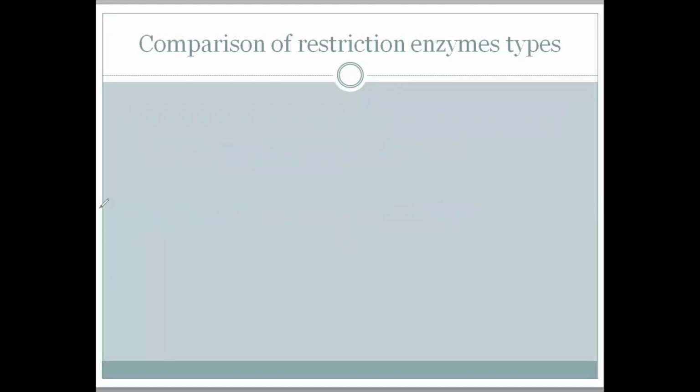Now we have covered the restriction enzymes, type 1, type 2, type 3 and type 4. Here I'm only dealing with three types, that is type 1, 2 and 3. Let's do a bit of comparison of these three. Type 1 restriction enzyme is bifunctional, as we also discussed in the previous video.